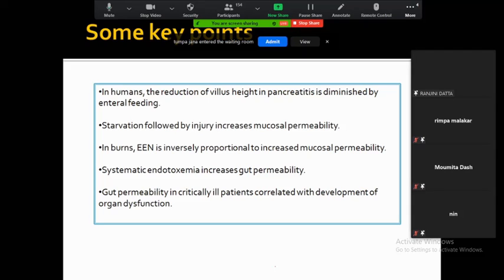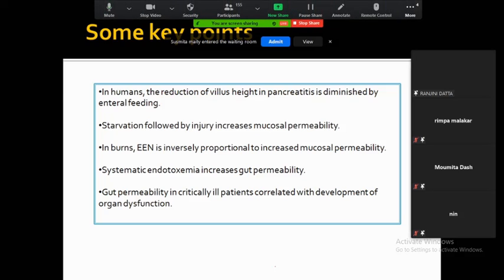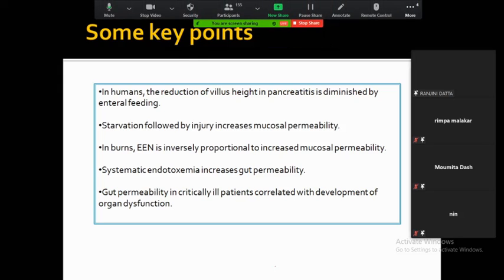Systemic endotoxemia increases gut permeability, which will lead once again to SIRS. Gut permeability in critically ill patients correlates with the development of organ dysfunction, which is basically the second line of what happens when SIRS sets in, unless and until it is countered by CARS.